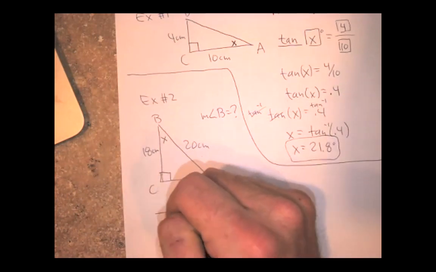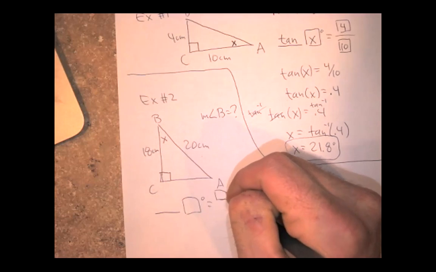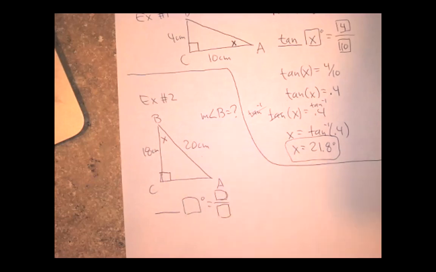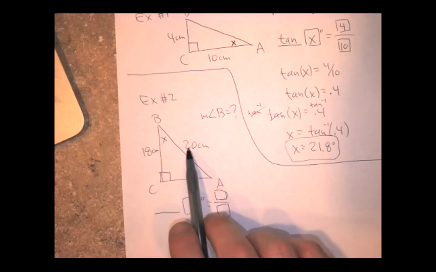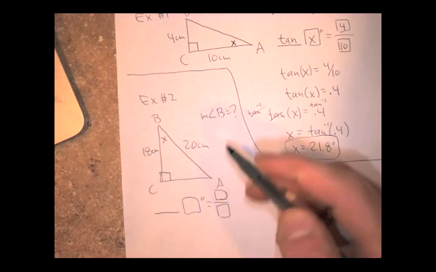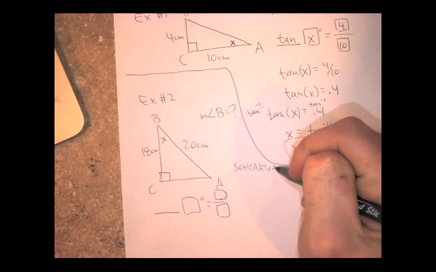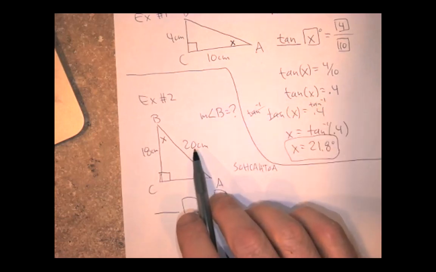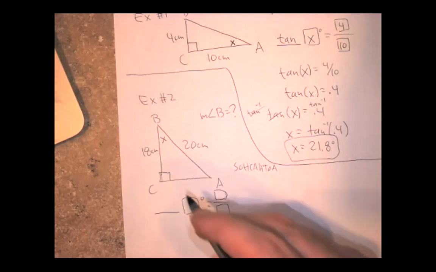We're trying to set it up the same. From X, this is the hypotenuse, and this is the adjacent. On SOHCAHTOA, hypotenuse and adjacent, we're talking cosine, right? Adjacent over hypotenuse.